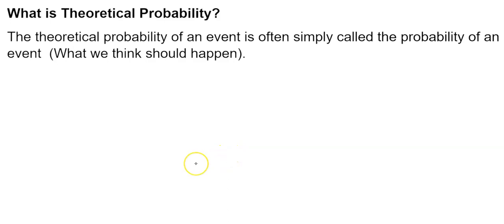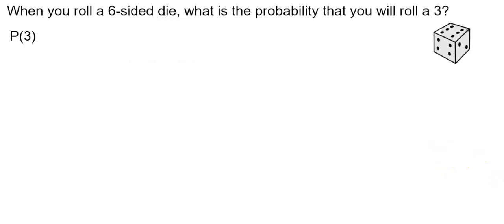Theoretical probability is what an event should be. I don't know if it actually will be this way, but if I roll a 6-sided dice, what is the probability that I will roll a 3? What this question is asking is, on a 6-sided dice, how many different ways can I get a 3, and then how many sides are there?